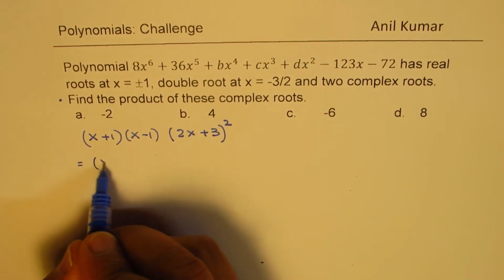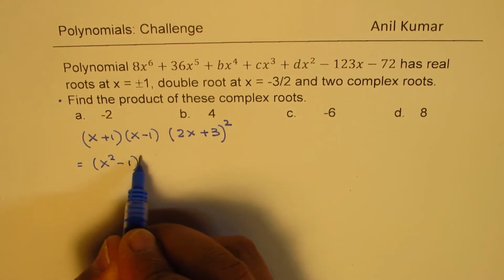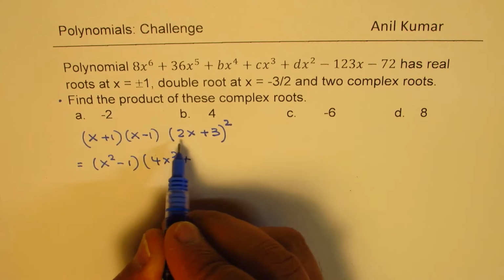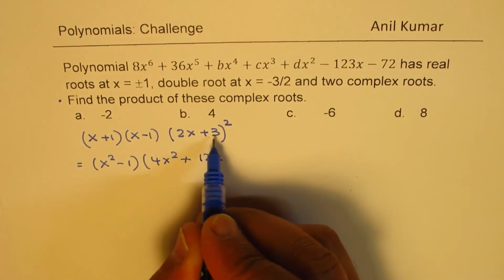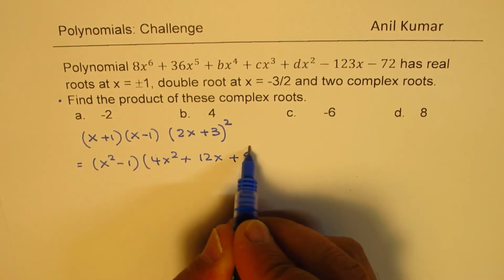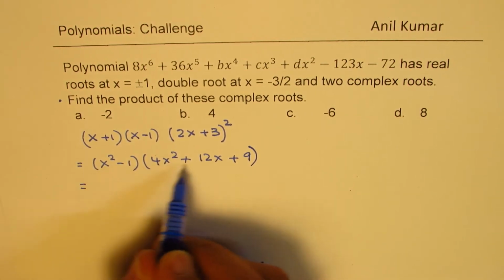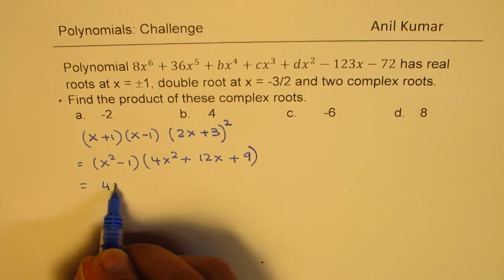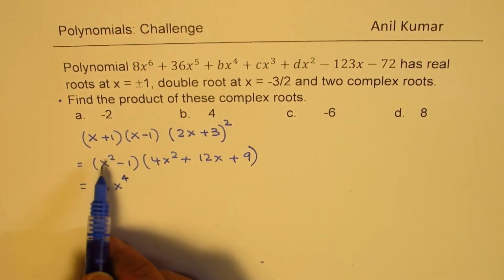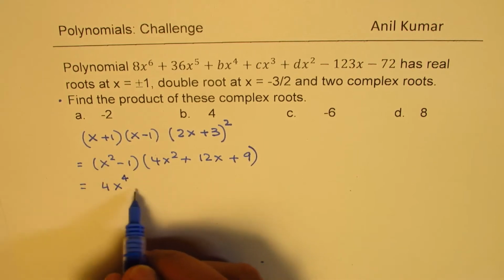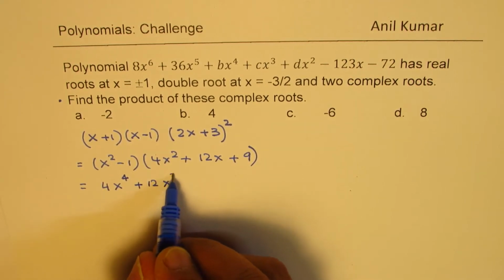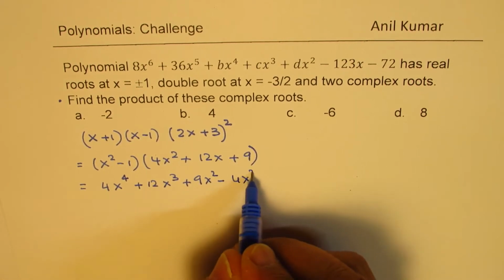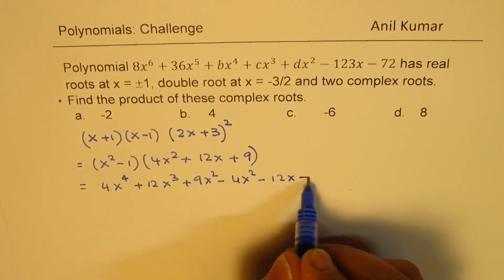So we get (x^2 - 1) times (4x^2 + 12x + 9), where 2ab is 4 times 3, which is 12x, plus b^2, which is 9, correct? If you multiply this, x^2 times 4x^2 is 4x^4, and then multiplying the other terms we get plus 12x^3 plus 9x^2 minus 4x^2 minus 12x minus 9.